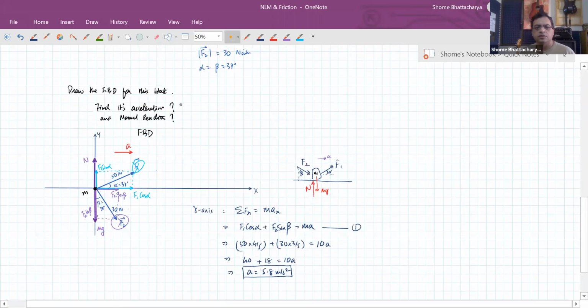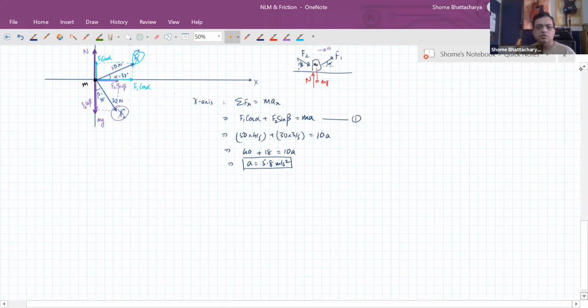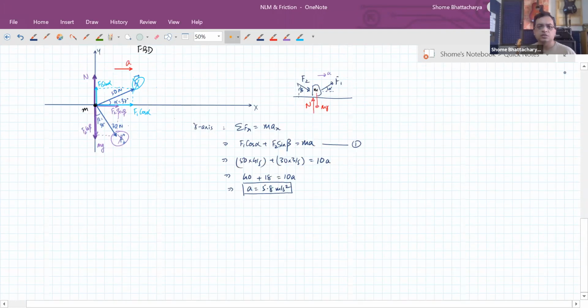So that gives us this. Now next we need to calculate the normal reaction. So for that we will look at the forces along the y-axis. Look at the resolution of forces along the y-axis.